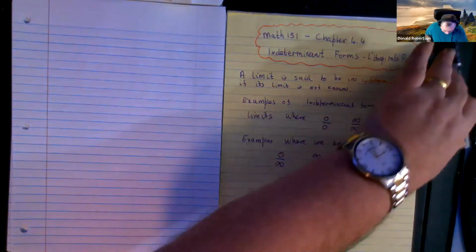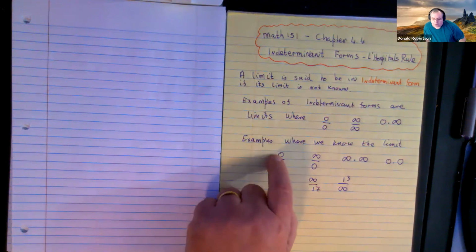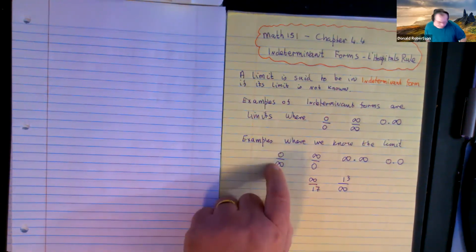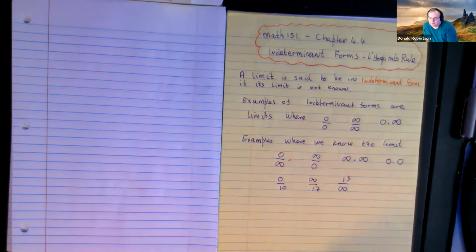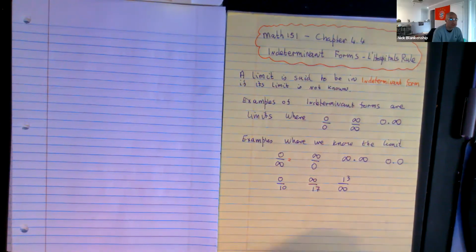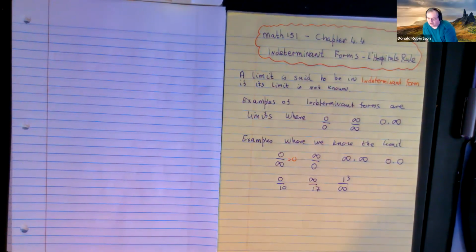Of course, there are other combinations of zeros and infinities and numbers that we do know the answer to. What would 0 over infinity get you? Here's a number. What would 0 over infinity get you? 0. In fact, in a way, isn't that like 0 with steroids, right?